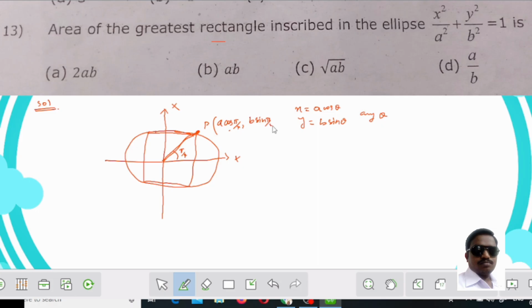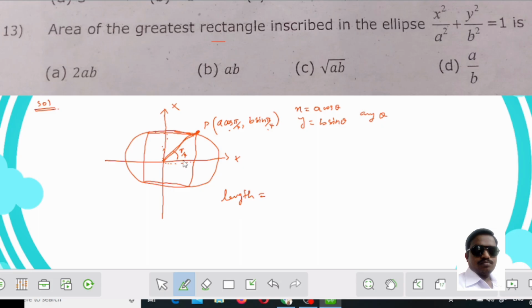This is the point. The x coordinate will be the length of this, and the y coordinate will be the length of this. So to find the length of the rectangle, the semi length of the rectangle is a cos pi by 4.